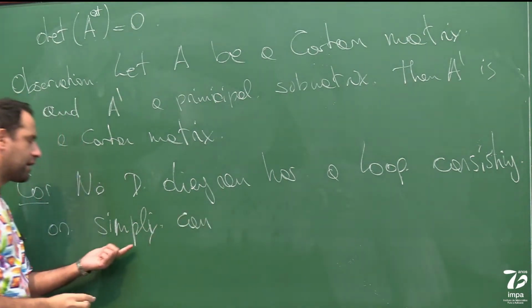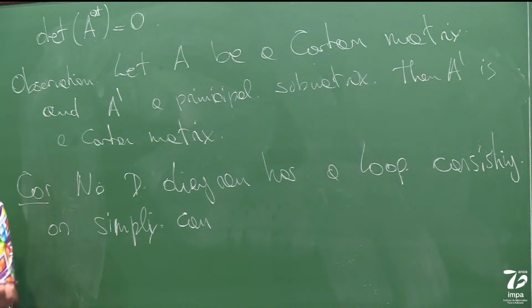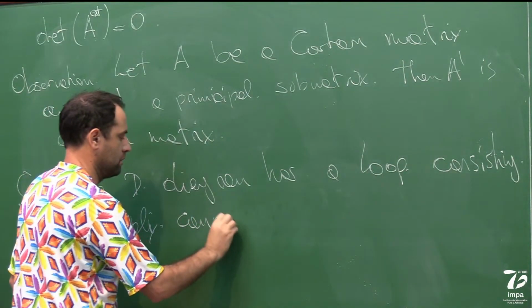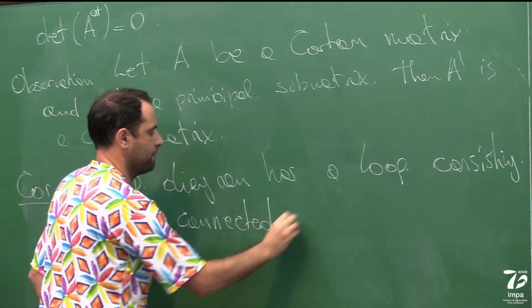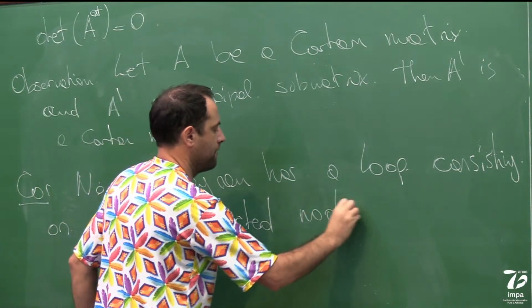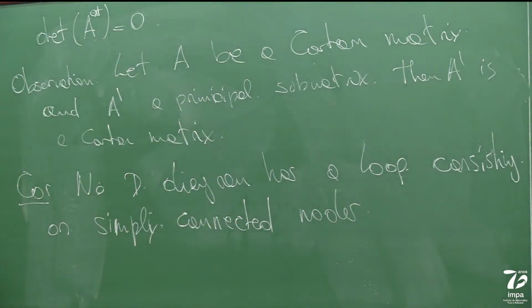And by simply connected, I really mean just between two nodes, there's one arrow. We haven't ruled out a loop of the form like this. This may happen for all we know. But we do know that there's no loop where all the arrows are just simply laced.